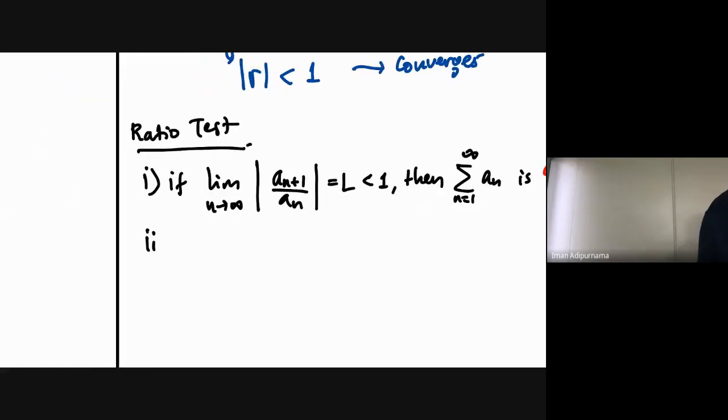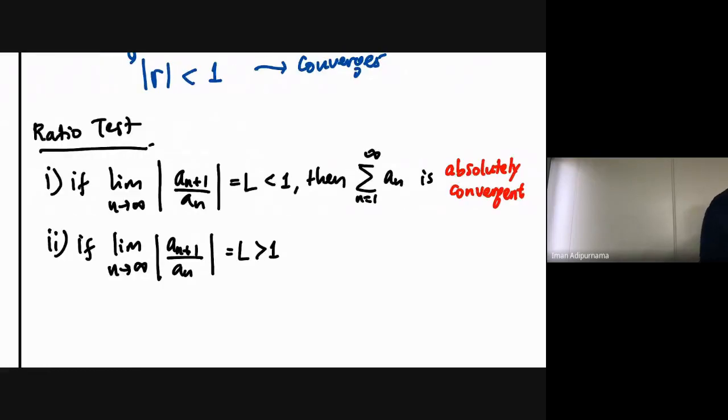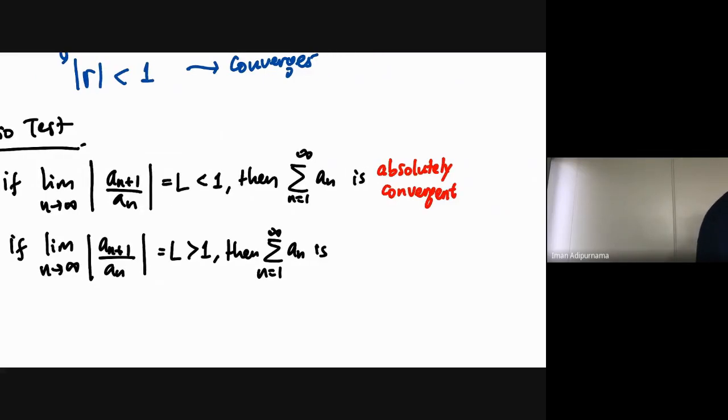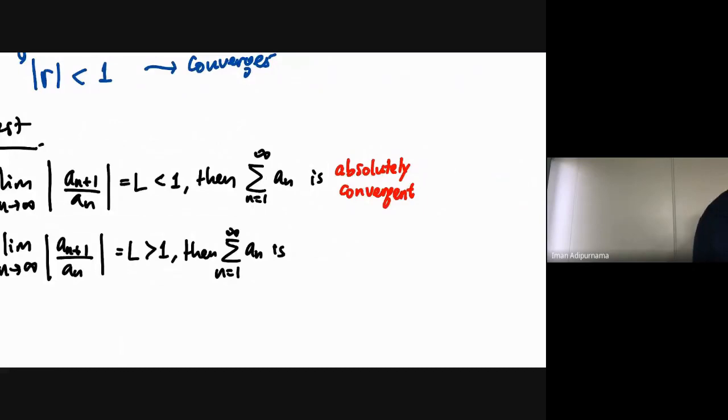And then the second one, if the limit is greater than 1, similar to the geometric series, if it's greater than 1, then it diverges.